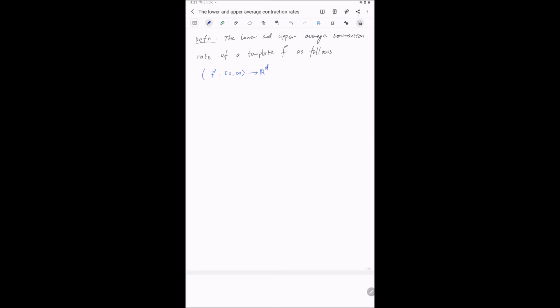It's a vector valued function, and the first axiom in its definition says that the d components of it are in increasing order. And F is piecewise linear.